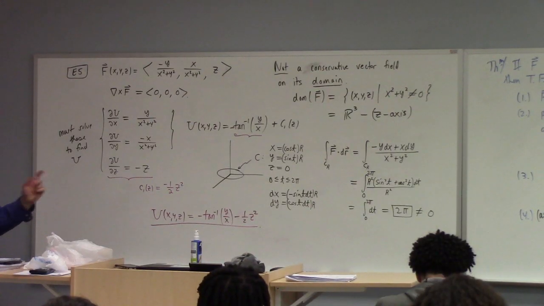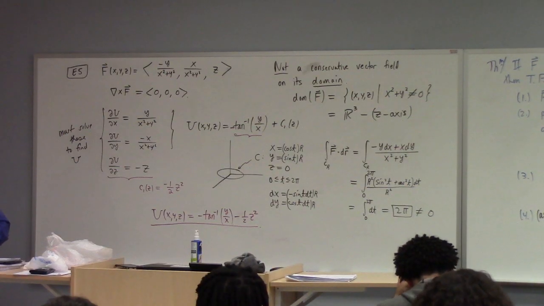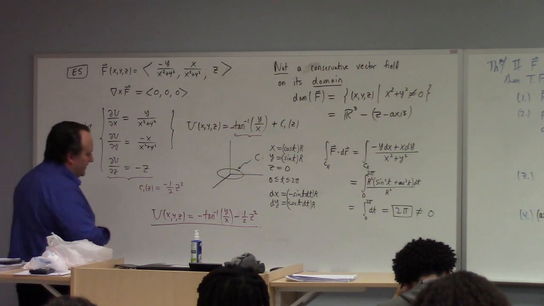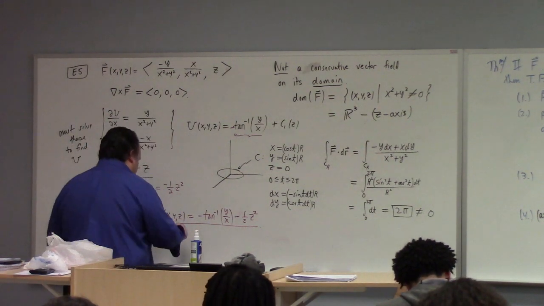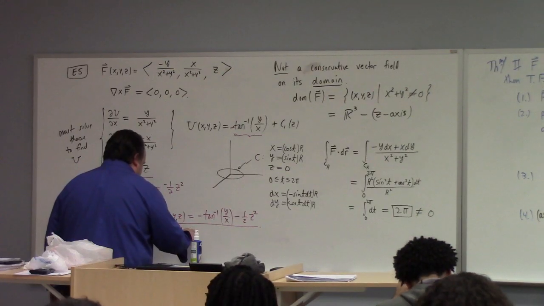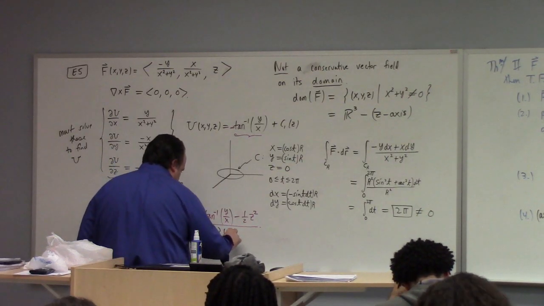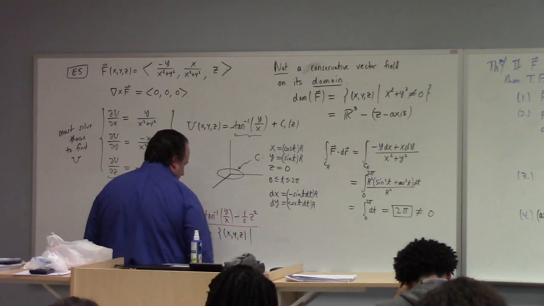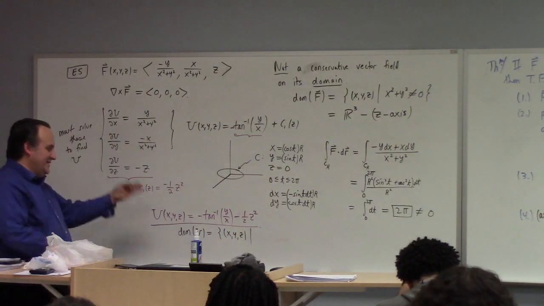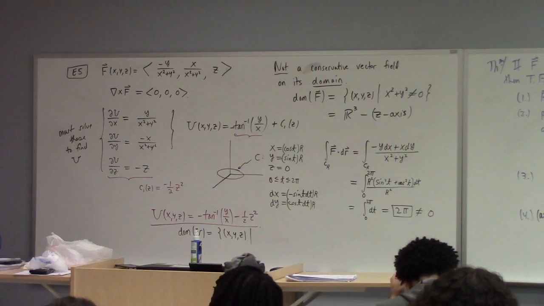right? What's the domain of my potential energy function, though? That's more like the range, I suppose. But what the domain, there's something that can't happen here, right? Such that what? What is not allowed in that formula?